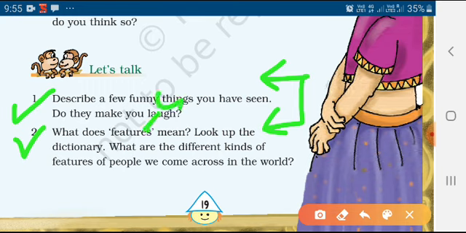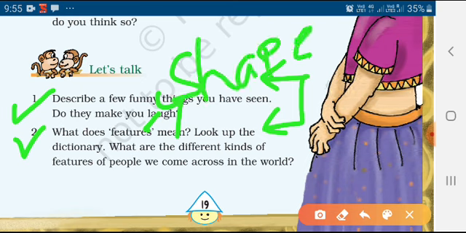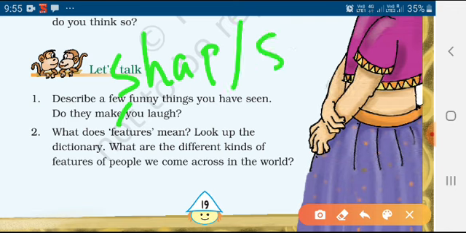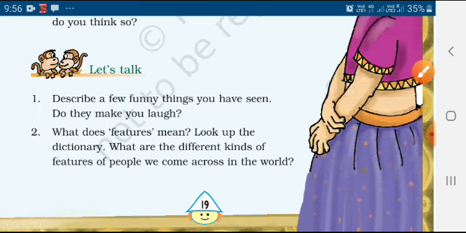So you have to search the meaning of feature. It means different shape or size.